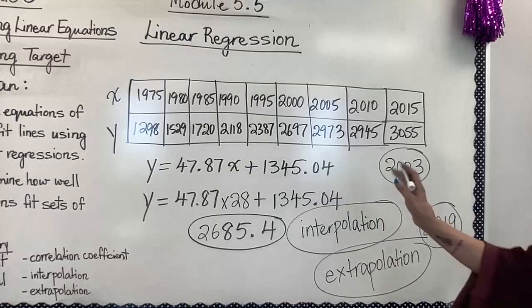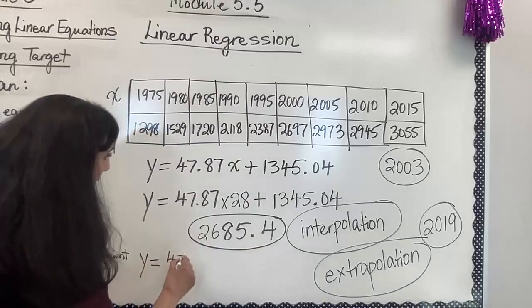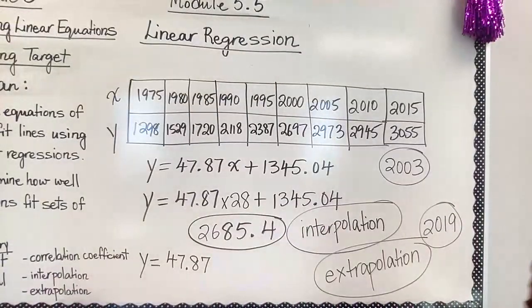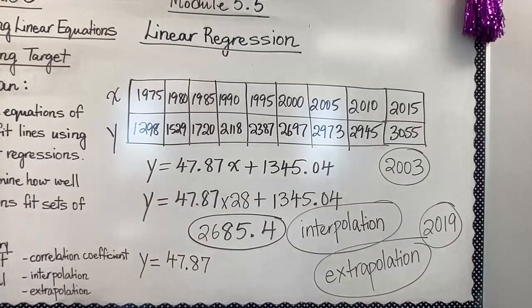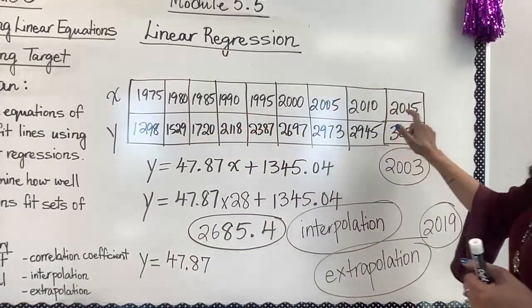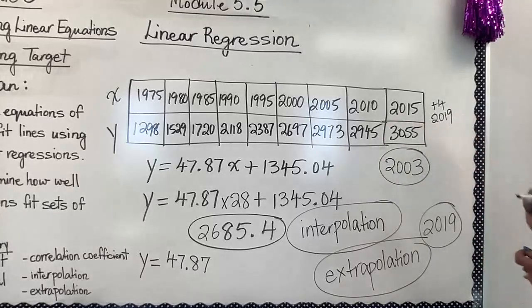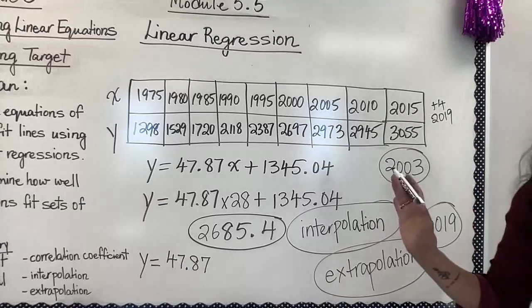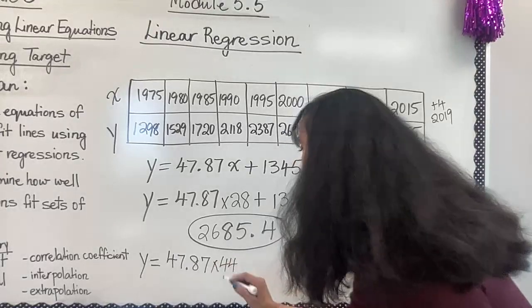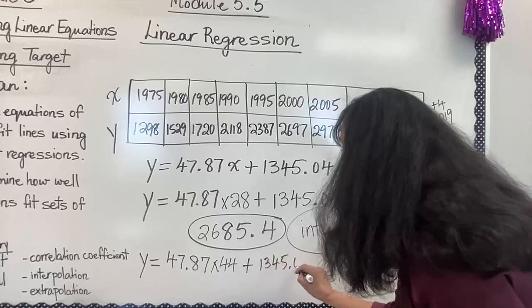Again, I'm going to substitute the values, and y is equal to 47 and 8700. Since we're talking about 2019, we look at 5, 10, 15, 20, 25, 30, 35, 40, and then plus 4 gives me 2019. So what's my x value going to be? It's going to be 44. So this is going to be times 44 plus 1345 and 400.